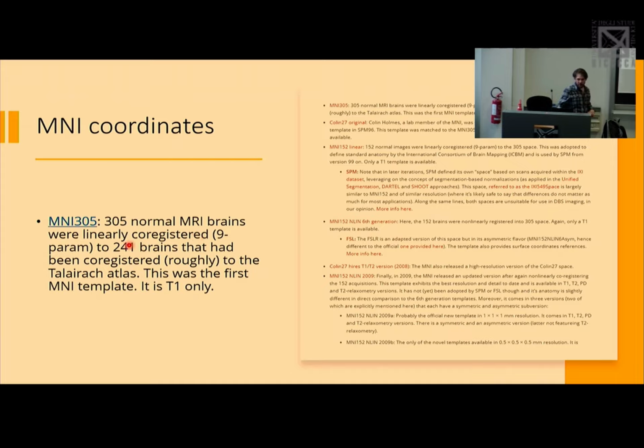And they registered them to another set of brains that had been previously co-registered to the Talairach atlas to maintain some historical consistency. Now, when you say MNI coordinates, if you go on the website that does the standardization, you will see that there are many different definitions, and they can differ by up to a millimeter from one point to the other. So it is standardized, but only up to a point.